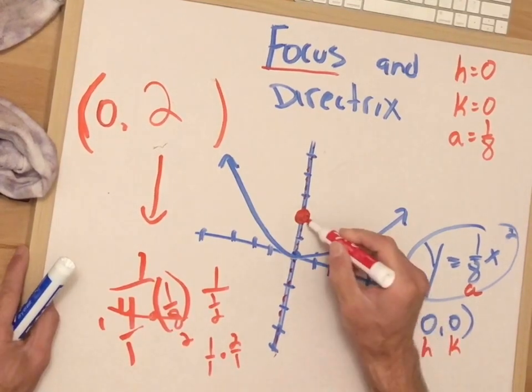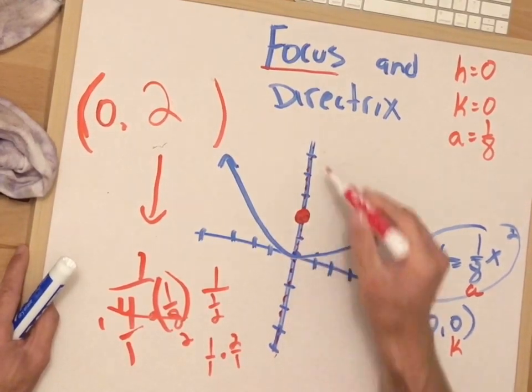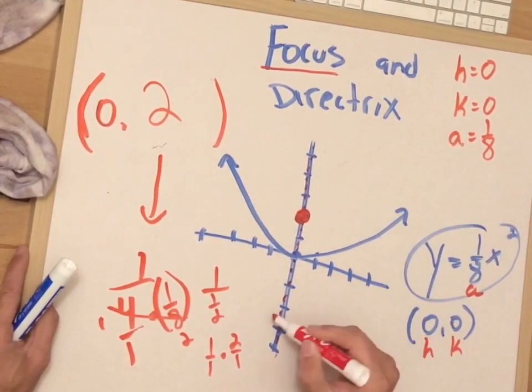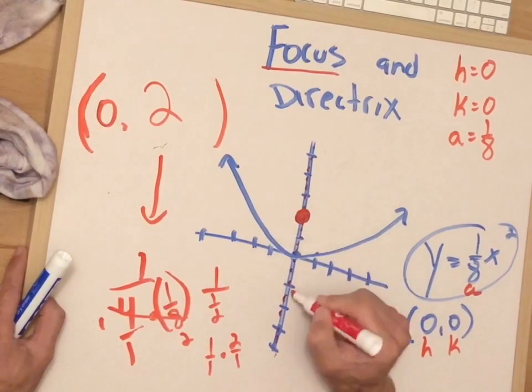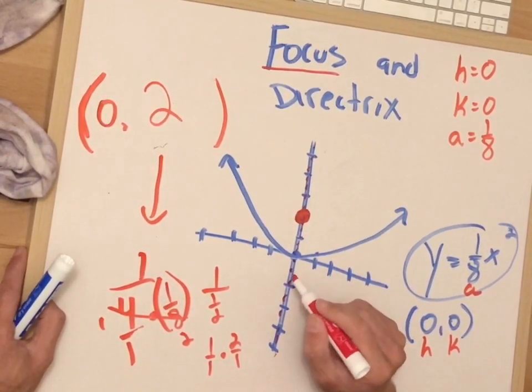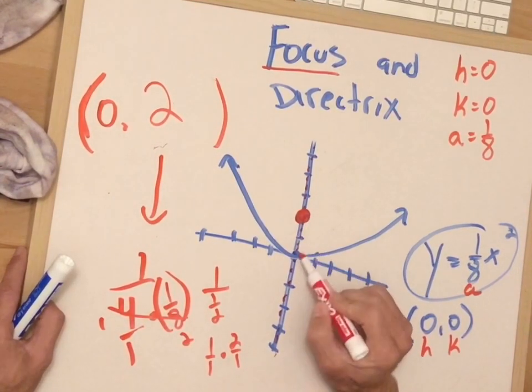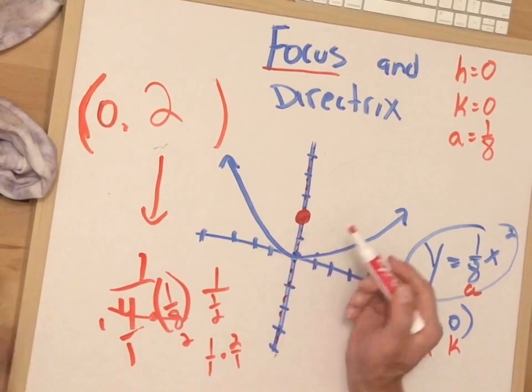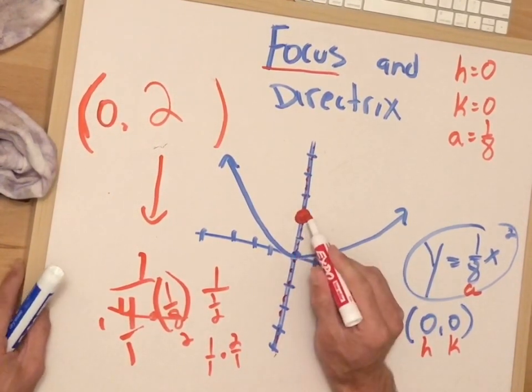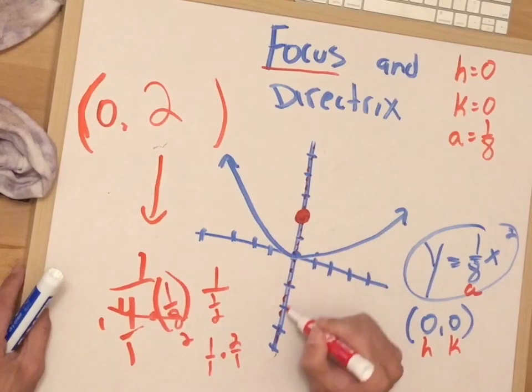That means I'm going to have a directrix line the same distance below. So in the notes, I say, once you know your focus point, your y coordinate, which is how many units you vertically climb from the vertex, or in English, how many units you go up, you're going to go the same amount of units down.